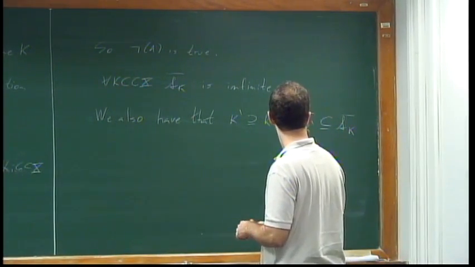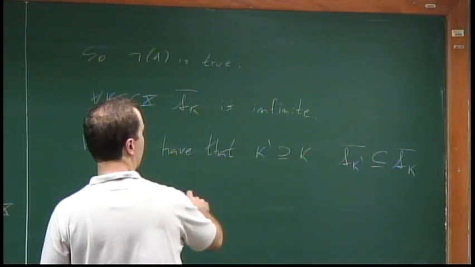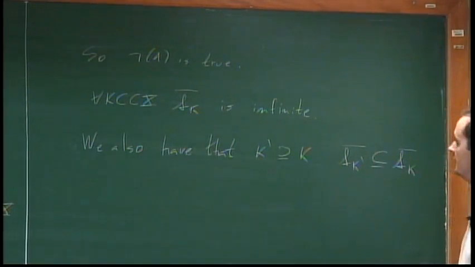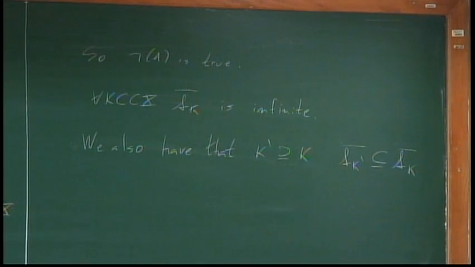You can find... Unless I define the topology, and for that I need to do Stone-Weierstrass. I need to do all sorts of other things that I haven't done yet.